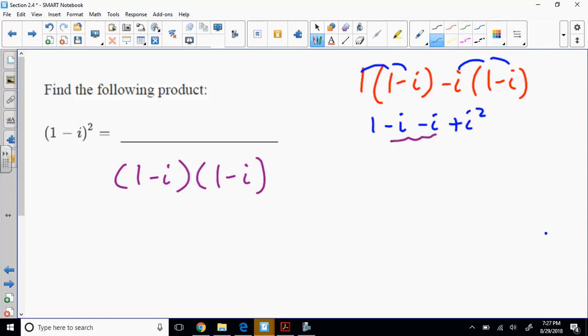So these are going to give me what? -2i. Good job. And this is just going to give me what? -1. So what's 1 and -1, guys? It'd be a 0 minus 2i, right? Which is nothing more than what? There you go.